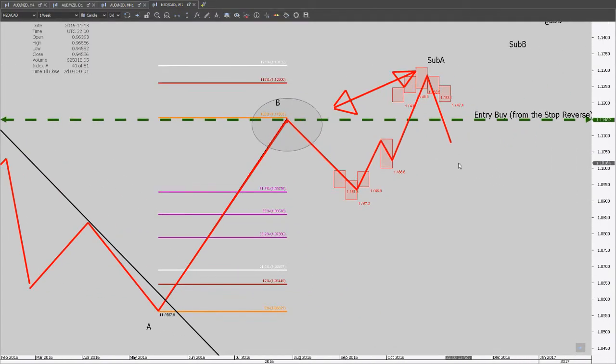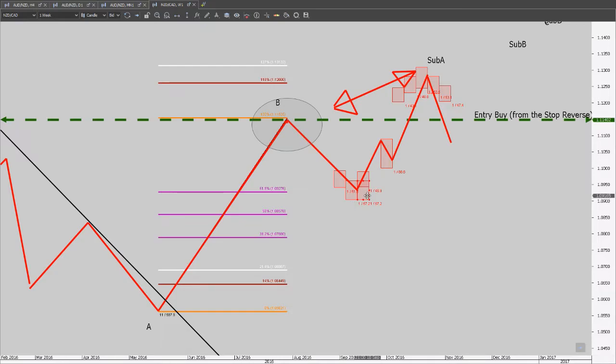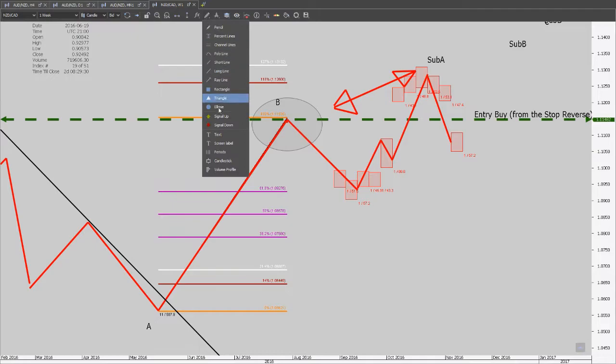And in retracing, the market is going to make a higher low, right? So the market is going to retrace and is going to make a low somewhere like this. Okay, no problem, I'm going to draw.